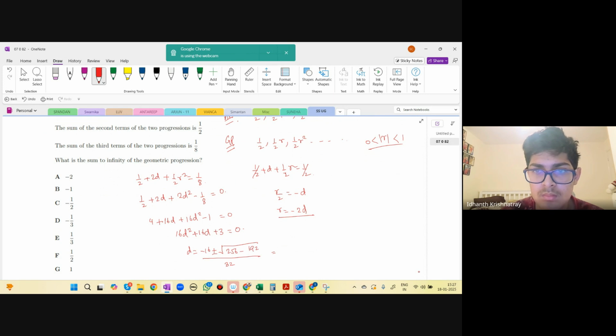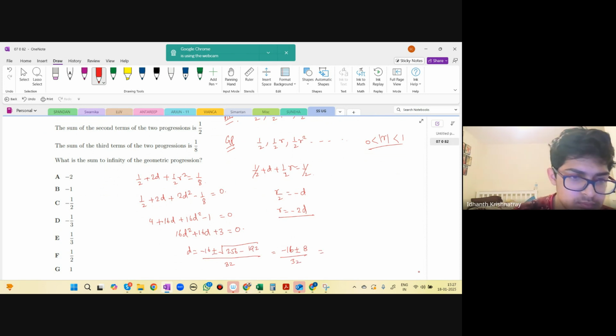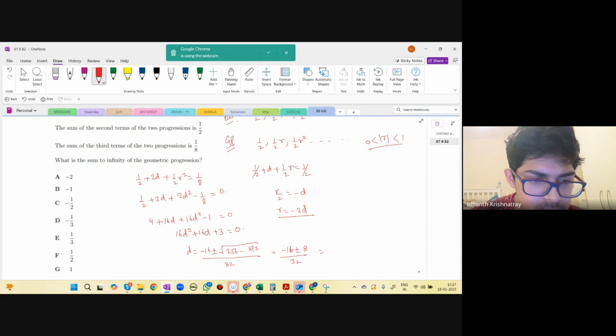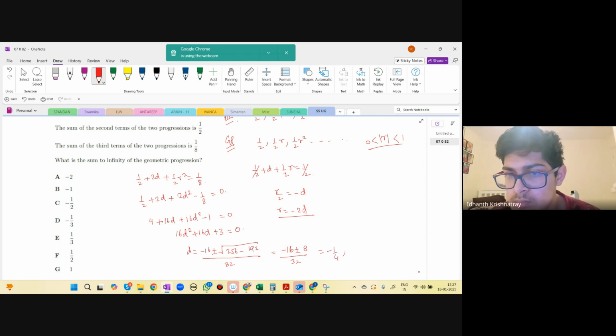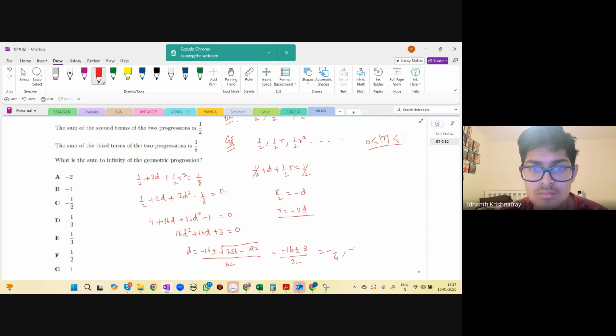Root over 64 is 8. So minus 16 plus minus 8 by 32. So minus 16 plus 8 would be minus 8 by 32, which is minus 1 by 4, or minus 16 minus 8, minus 24 by 32, which is minus 3 by 4.